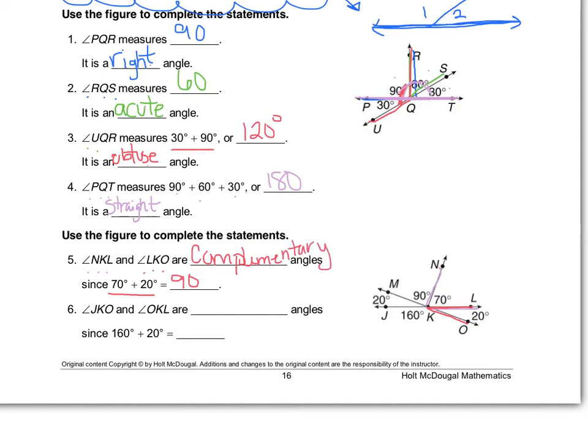Write that down, complementary. All right, I'm going to erase those. Now I can mark it up with my JKO. Look for that in our diagram, JKO. See that obtuse angle right there? So I have my 160, that's the first angle, and OKL.